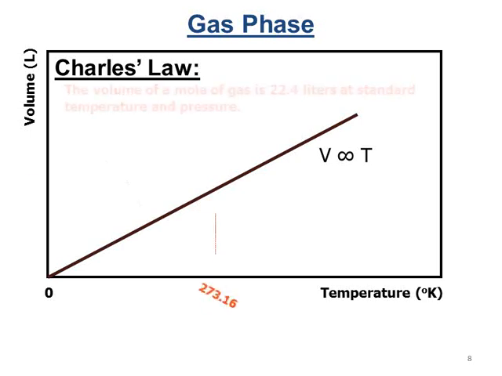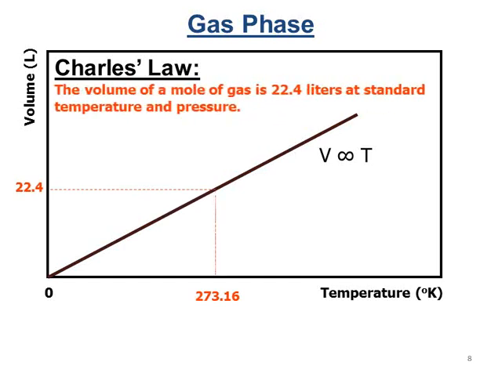So what does this tell us? Well, the volume of a mole of gas is 22.4 liters at standard temperature and pressure. On this linear graph, where volume is proportional to temperature, at a temperature of 273 kelvins, which is 0 degrees C, most ideal gases at standard conditions will occupy 22.4 liters of volume for 1 mole.